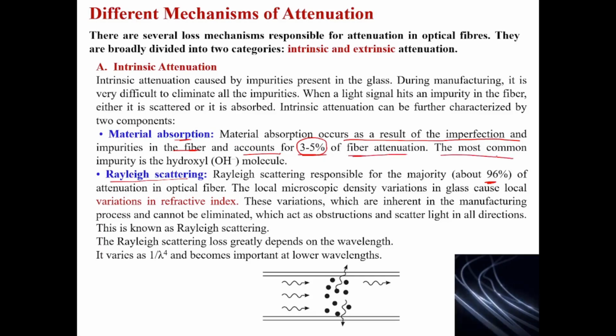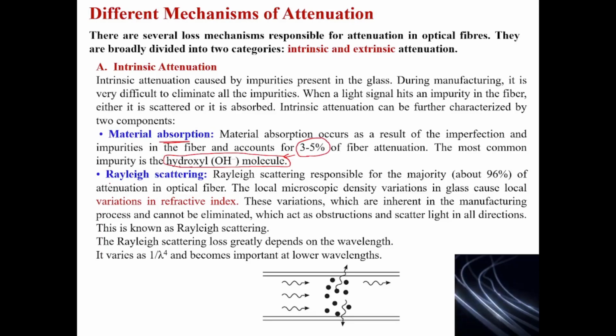The most common impurity is the hydroxyl molecule. At the time of manufacturing the glass or core, hydroxyl molecules will be present inside the core, and this causes the absorption, due to which we can get 3 to 5% attenuation in the optical fiber.